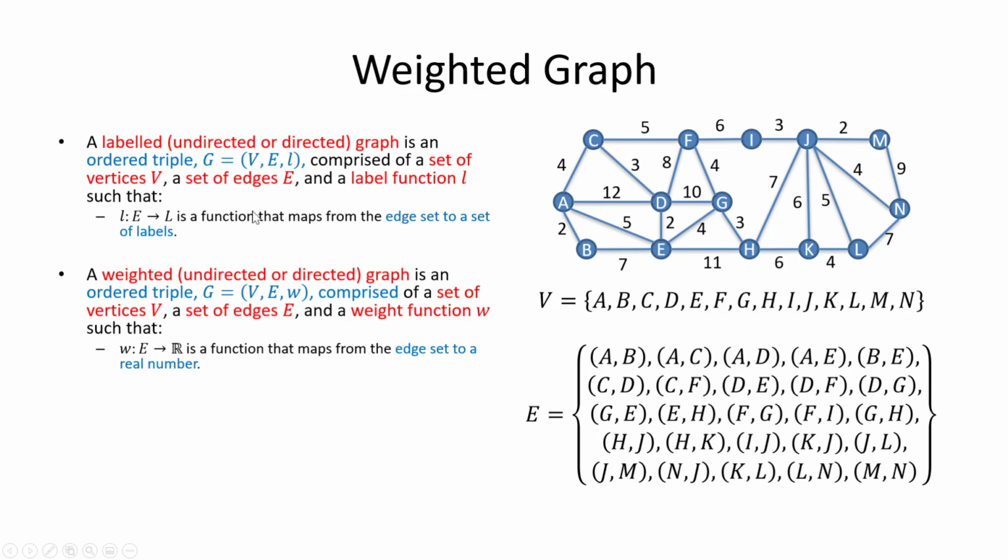Okay, so a labeled graph is just a normal graph, a vertex and an edge set, plus a label function. And a weighted graph, the same thing, except a weight function. And the only difference is in a label function, we just map from edges to labels. But in the weight function, we map from edges to numbers. And here I've chosen real numbers. Of course, I could have integers or positive integers here.